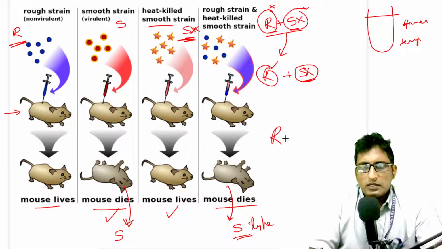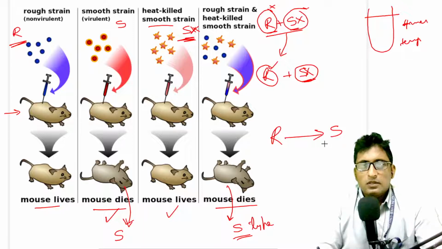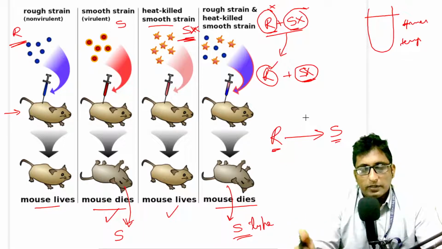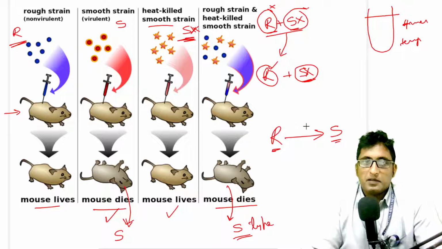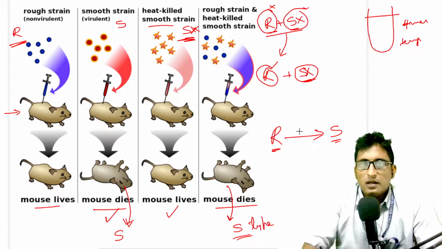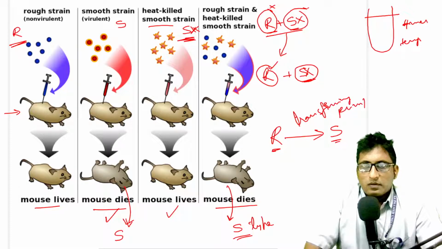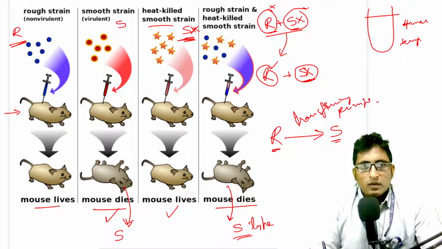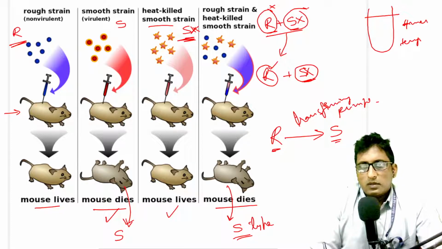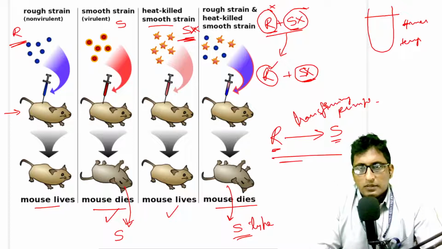That is to indicate that R strain has changed to, or transformed into, S strain. And that is the first time we have seen, or probably an experimental evidence about something becoming something else. And that is what is referred to as the transforming principle here. Right? Now we know what may have happened.